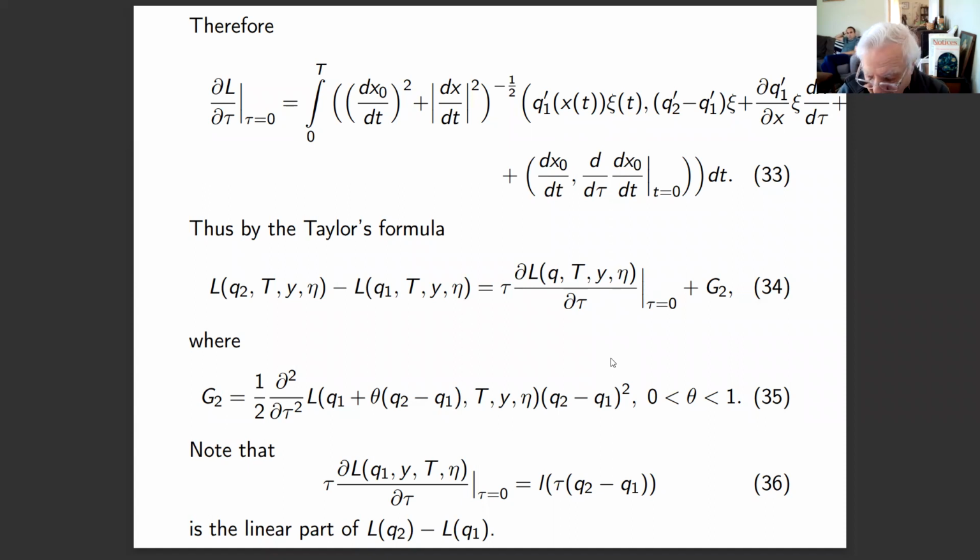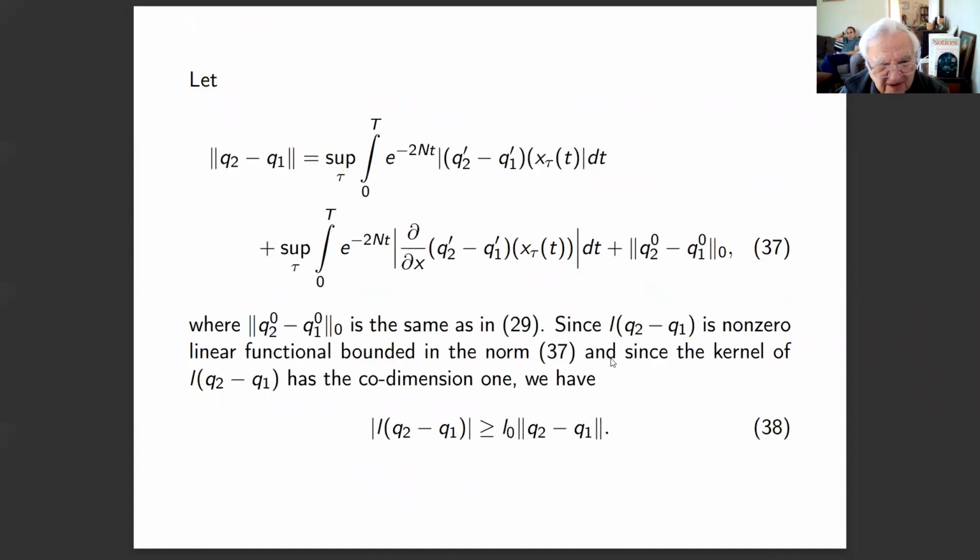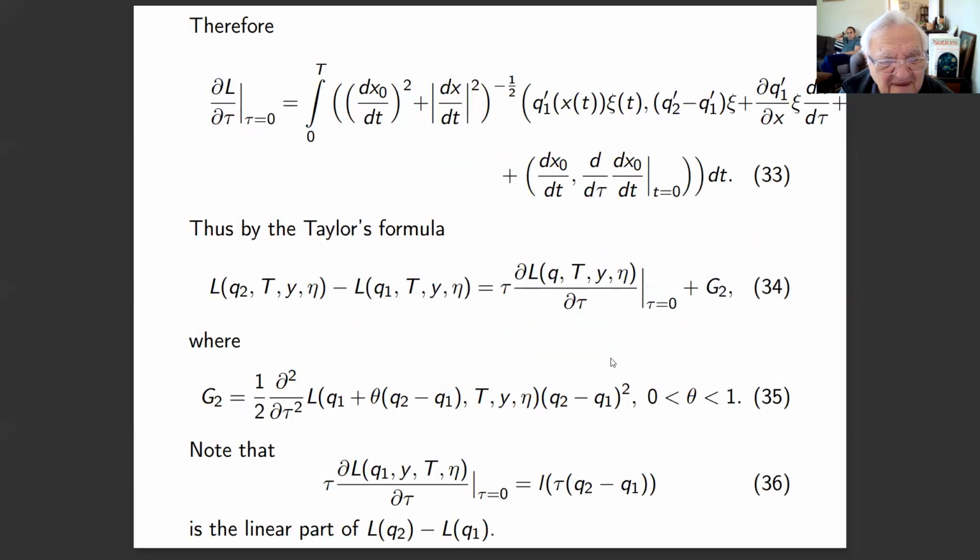So the linear term, 36, has the form L applied to q2 minus q1, where L is a linear functional.